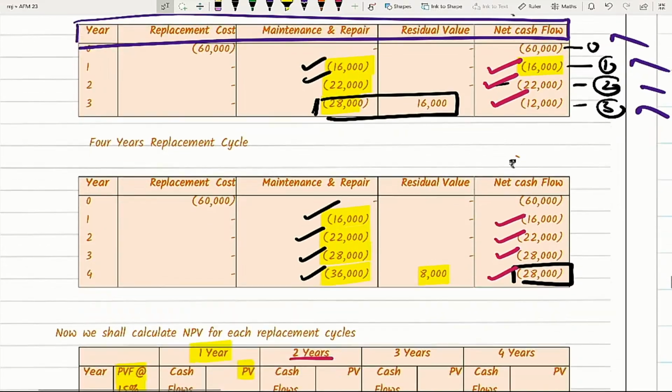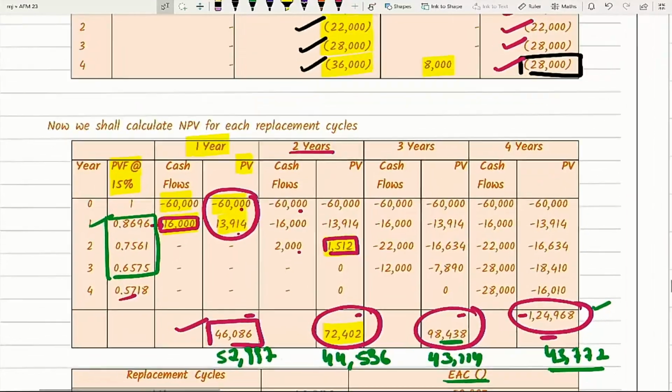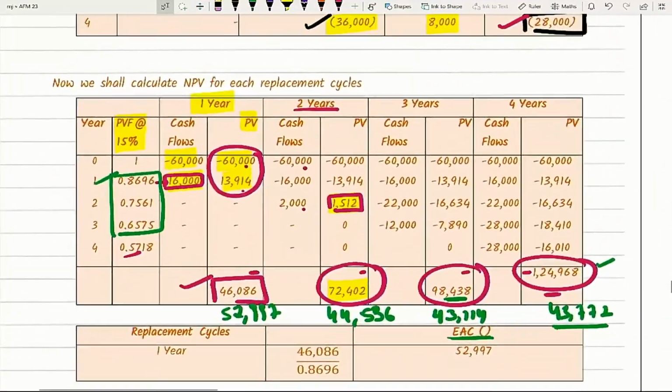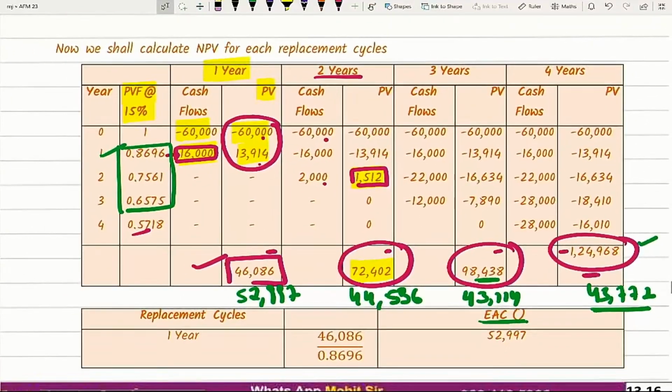Now what you can do, I'll show you. Just take this part here, NPV, and then EAC calculation, which I'll show you. Although I've calculated EAC here, you can do that EAC also.